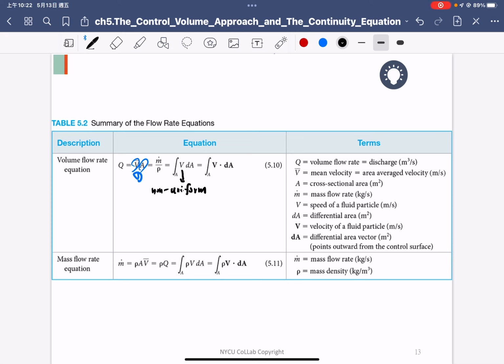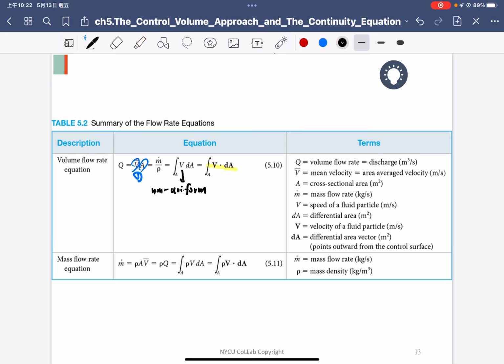But in that case, we assume the flow velocity direction is always parallel to the normal vector of the cross-section area. Based on the equation shown here, you cannot see the dot product. But in the final general formula, we have the velocity function dot product with the cross-section area.